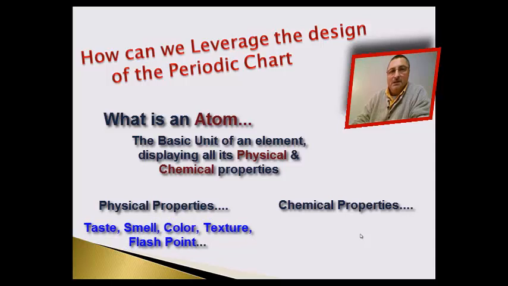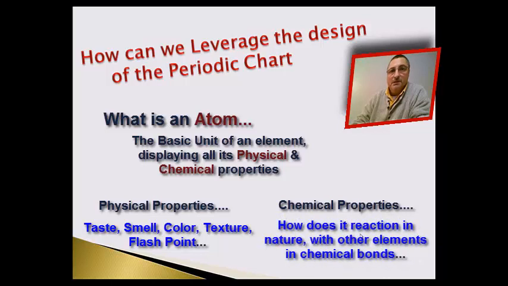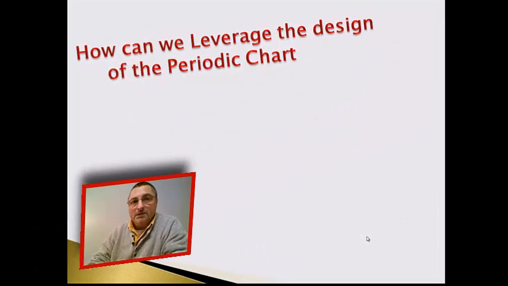What does it smell like? Does it have a rough surface or a smooth surface? The chemical is, how does it interact with other chemicals to create chemical bonds? Oxygen, then, an atom of oxygen would be one representative unit of oxygen and all the things that make it up. And that's what we're going to discuss in the next video, the things that make up an atom of an element.